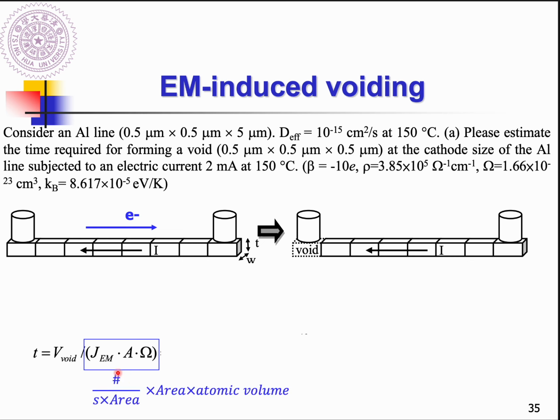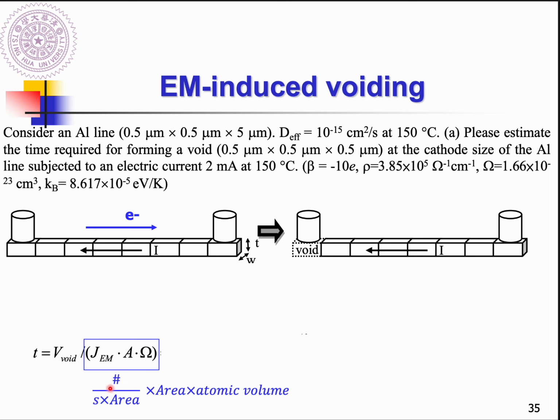As long as you know the vacancy flux, you times the flux, which is the number of vacancies per second per area, you times the area and also the atomic volume, then you know the total vacancy formed per second, the total size of vacancy formed per second, or per unit time period.